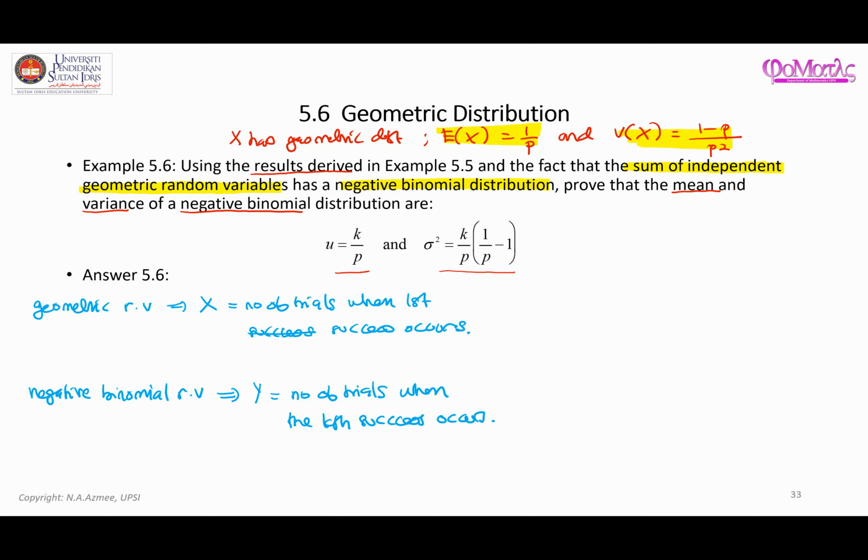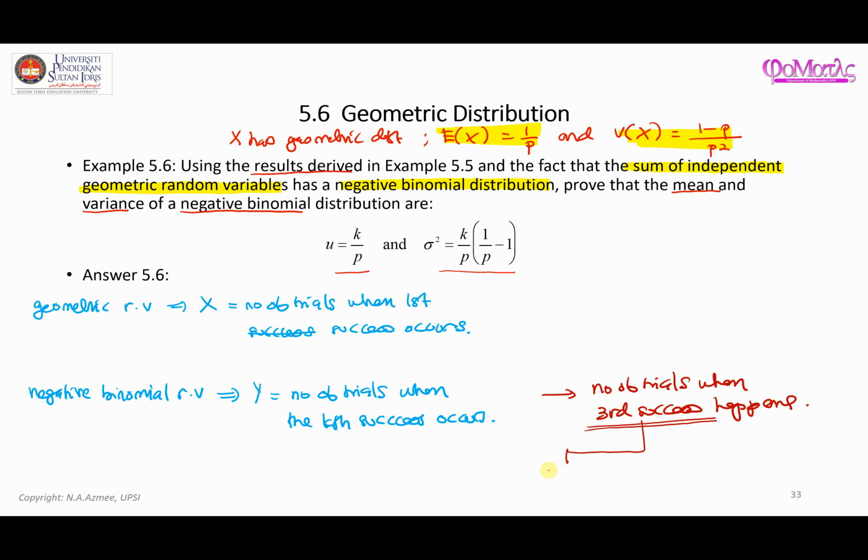Let me give you an example. Let's say you are interested in the number of trials when the third success happens.